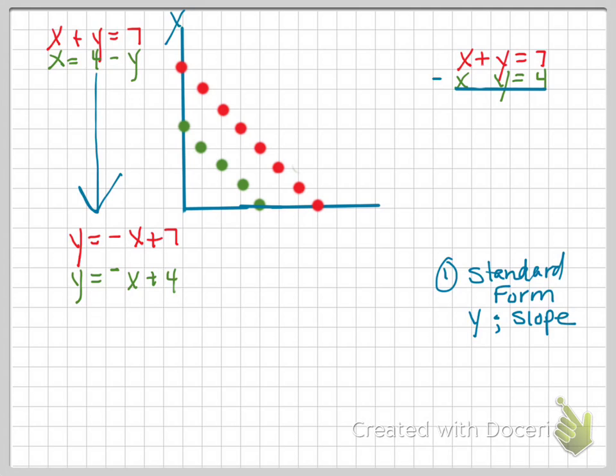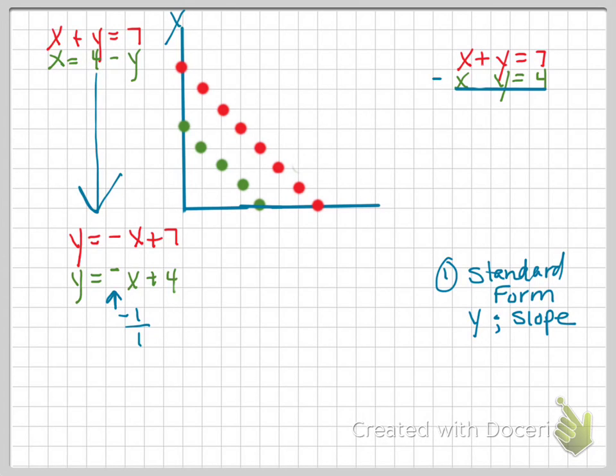And then for our green, we see that where it meets the y-axis is at 4. And then we see that our rise over run is a negative 1 over 1. So we go down one step and over to the right, and we continue that.